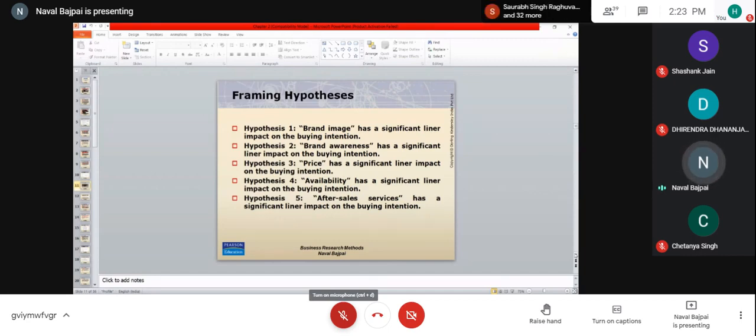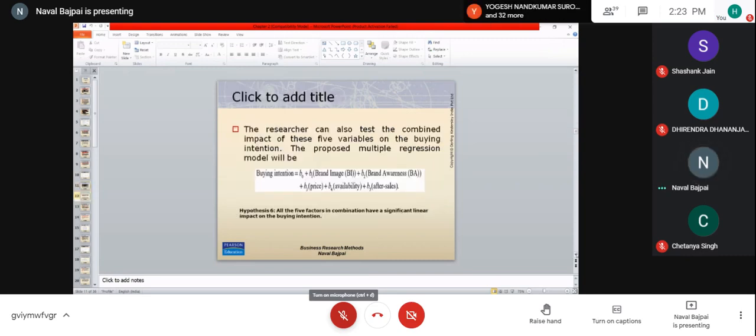Chapter number 15 in this book is simple linear regression. Simple linear regression is y is equal to b0 plus b1x, where x is the independent variable and y is the dependent variable. So now you see that that was one testing.